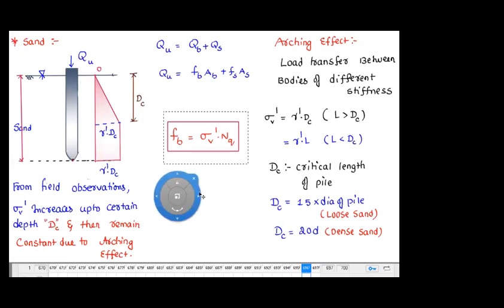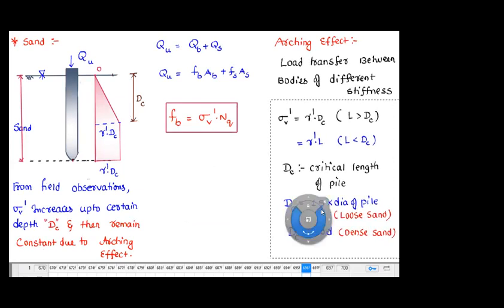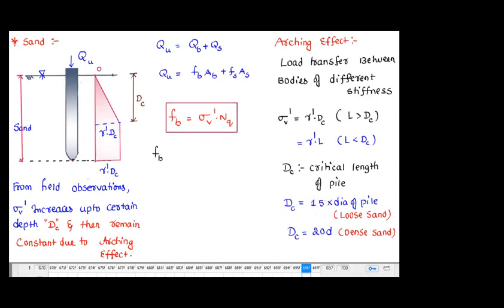You please observe, there is a range of the FB value. This FB should not be more than 11,000 kilopascals in the case of normal silica sand.